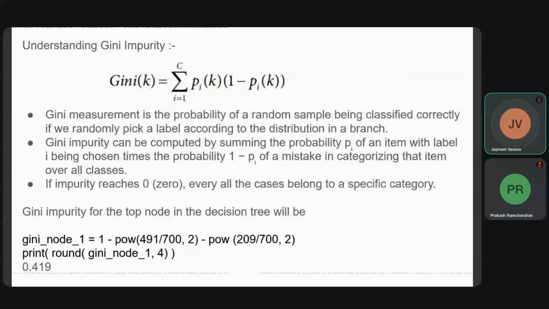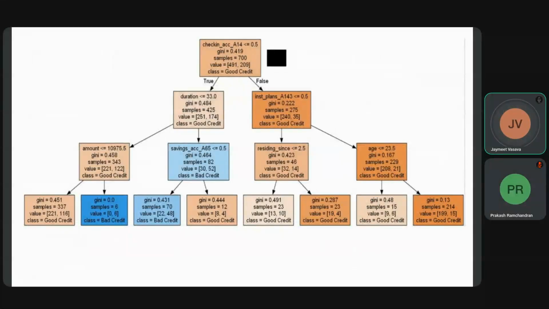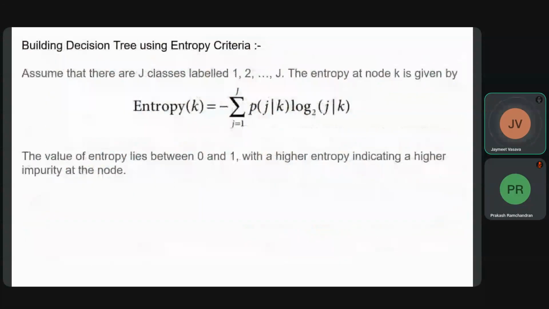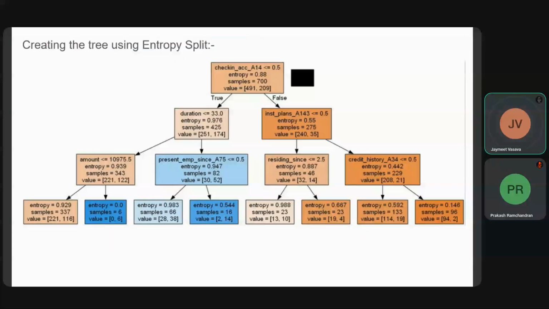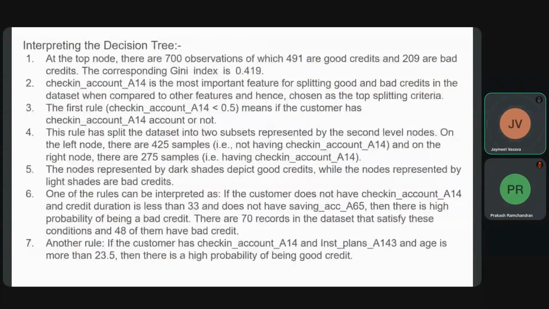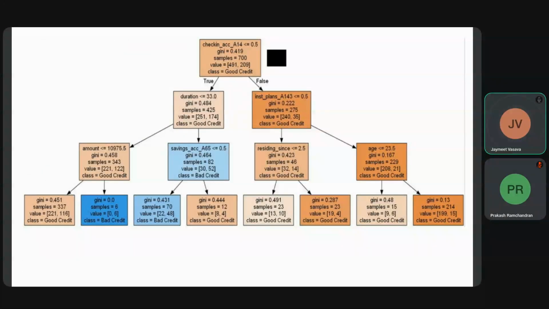This was different from this one, where we have amount, savings account, and age in the third level. Here we have amount, employment since, and residing since. So amount and residing since are common to both trees.